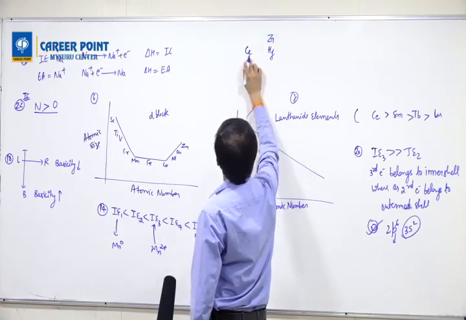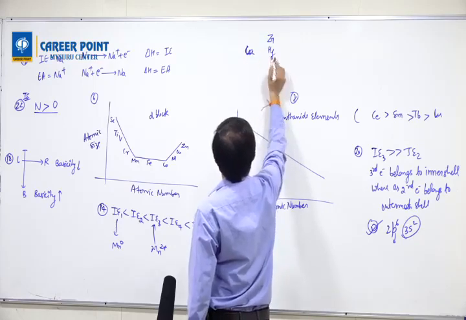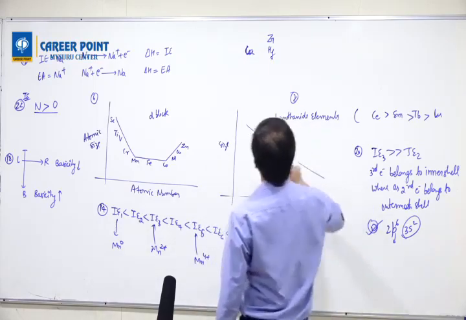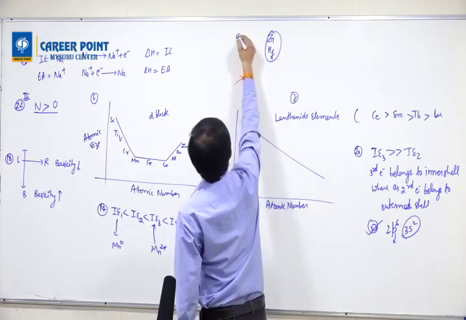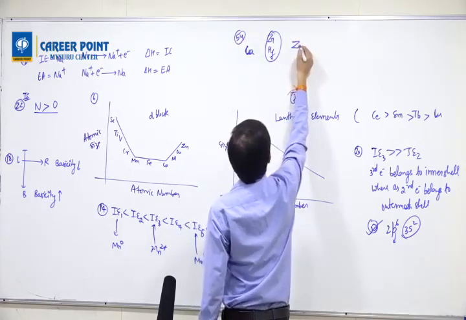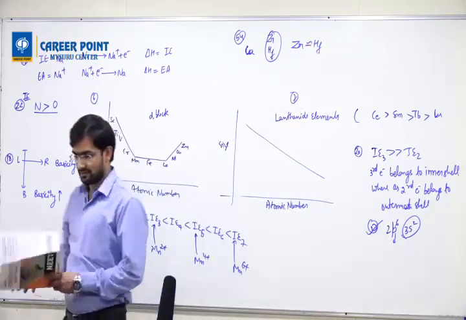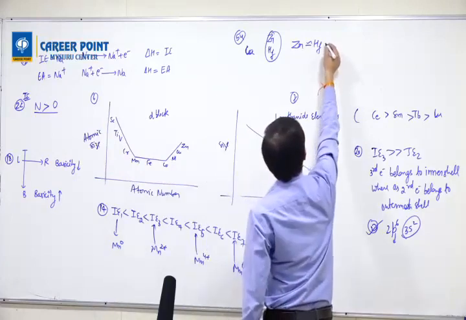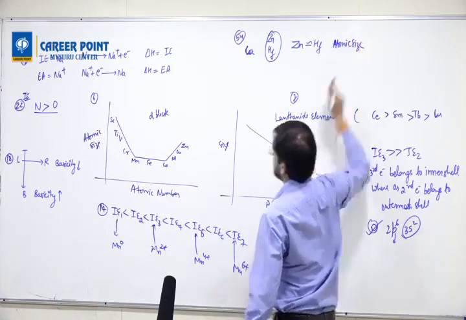Because of lanthanide contraction, the size decreases continuously. So zirconium and hafnium have the same size. So 54, zirconium is nearly the same as hafnium atomic size.